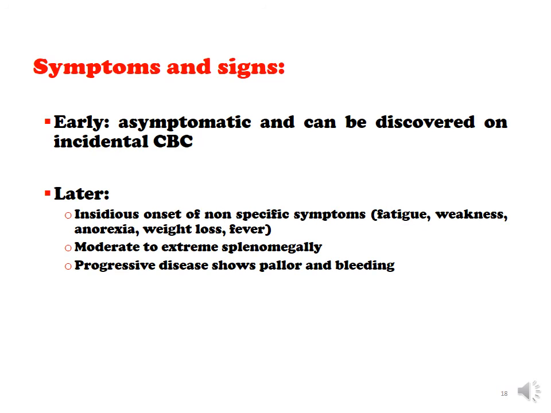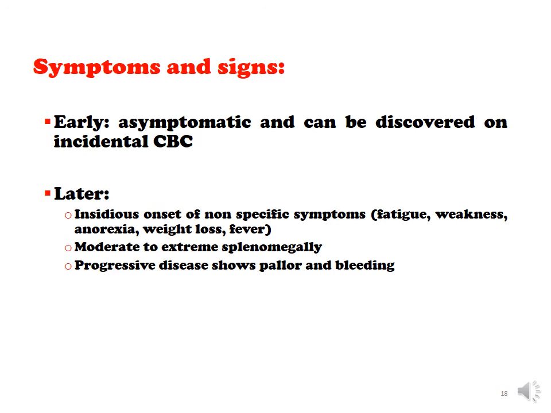What is the presentation of this case? CML looks like the case of CLL at this point, in that many cases are discovered accidentally, so it's asymptomatic. Even if this patient has an enlarged spleen, it might not be huge enough, specifically at the earlier stages of the disease, to cause the patient any complaint. So the patient might present with an accidentally discovered disease, or with non-specific symptoms, including constitutional symptoms.